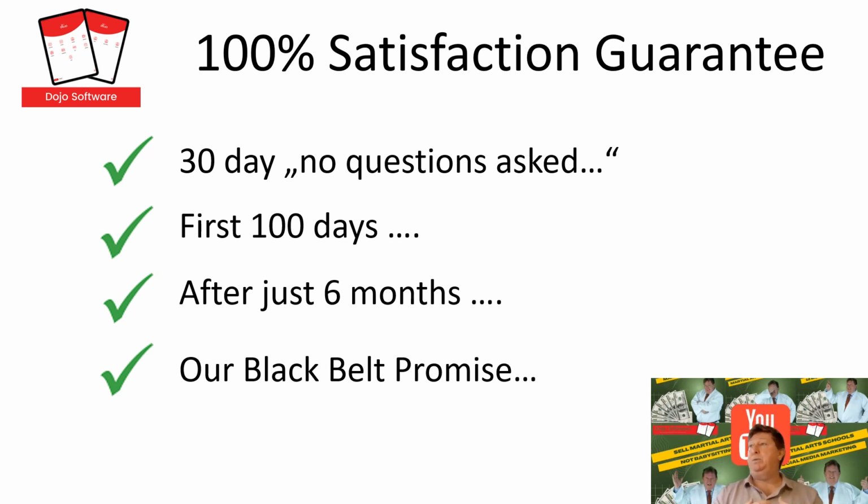We have, for example, in the first 30 days, a no question asked cancellation policy. That means if you're not happy with the school or your son or daughter is not happy with the school, then in the first day, or you can say in the first 100 days, you're definitely going to reach this, this, or this. Or you can say after just 6 months, we guarantee that you'll do this, or something in the 100% satisfaction guarantee. So you're not going directly to the price.